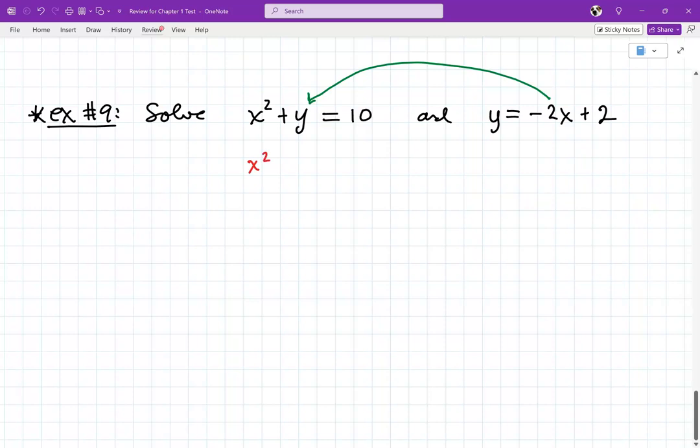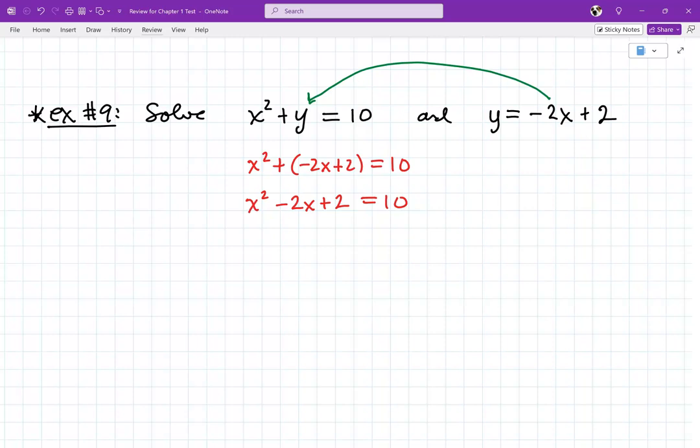So that'd be x squared plus (negative 2x plus 2) equals 10. Remember, guys, anytime I plug something in, I always put in parentheses just to make sure I don't mess up. Let me simplify this. X squared minus 2x plus 2 equals 10. One of the mistakes I made earlier is for some reason I put 12 right here.